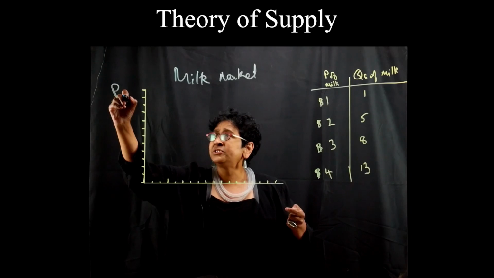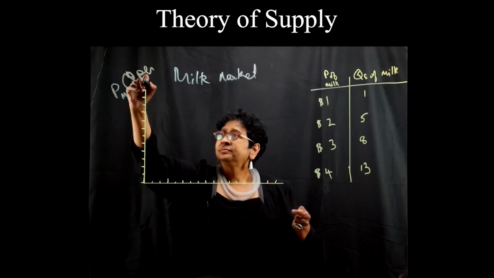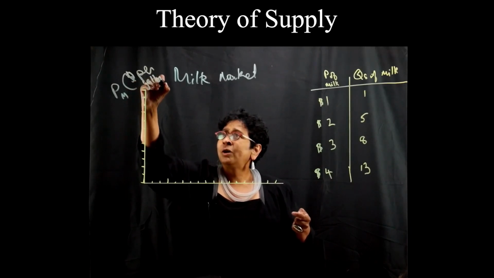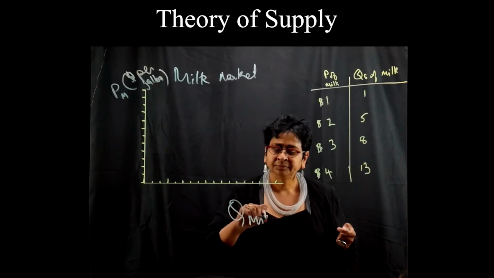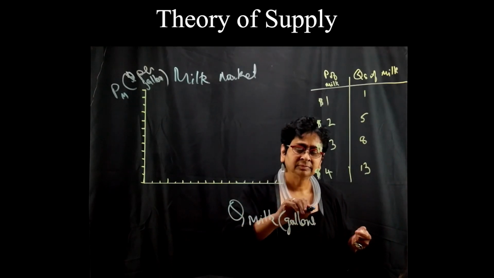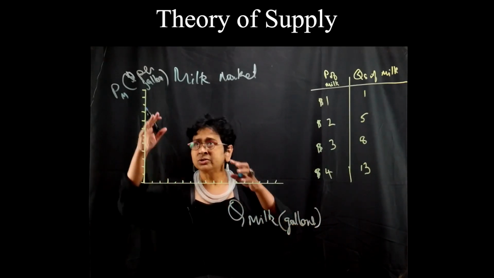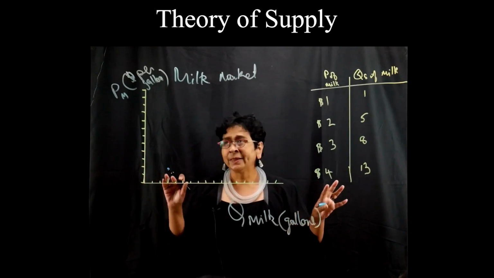So the price of milk in dollars per gallon is actually on the y-axis, and the quantity of milk in gallons is on the x-axis. So it's the same kind of graph I had before.